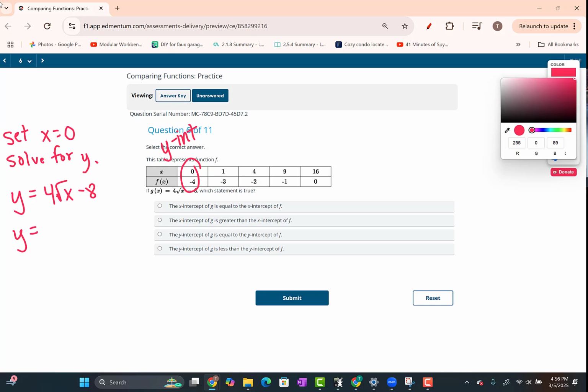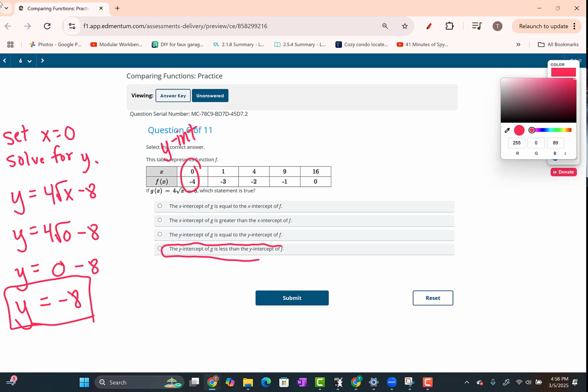We're going to replace x with 0. 4 times the square root of 0 is 0. 0 minus 8 is negative 8. So the y-intercept is negative 8 here. That means they are not equal. But the last one makes sense. The y-intercept of g is less than the y-intercept of f, since negative 8 is less than negative 4.